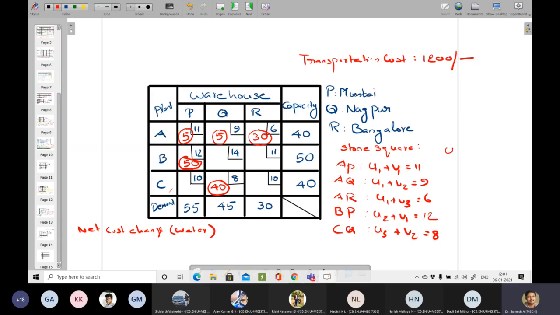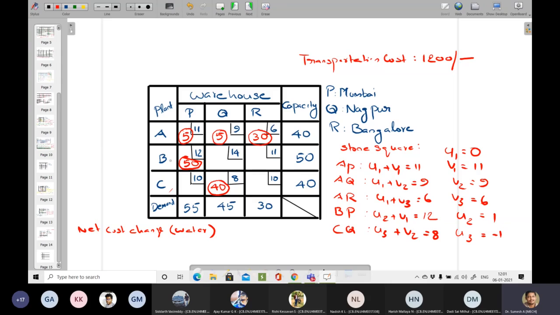So U1 equals 0, V1 equals 11, then V2 equals 9, then V3 equals 6, then U2 equals 1, and U3 equals minus 1.